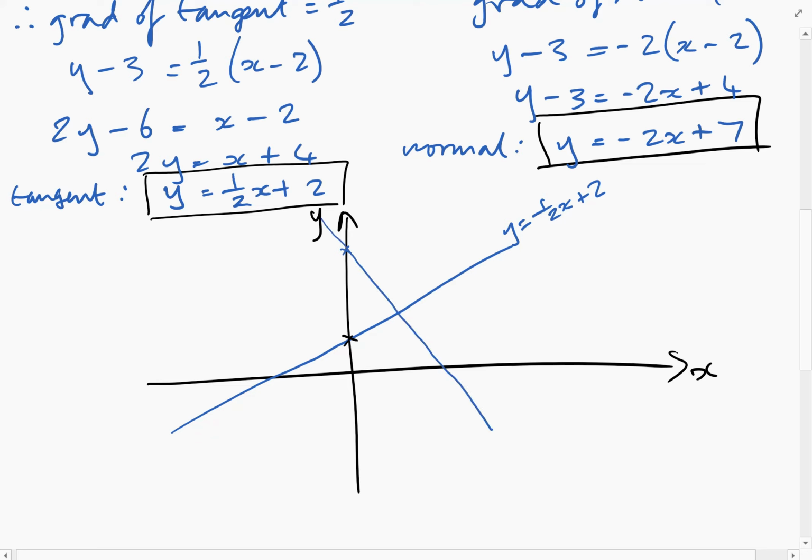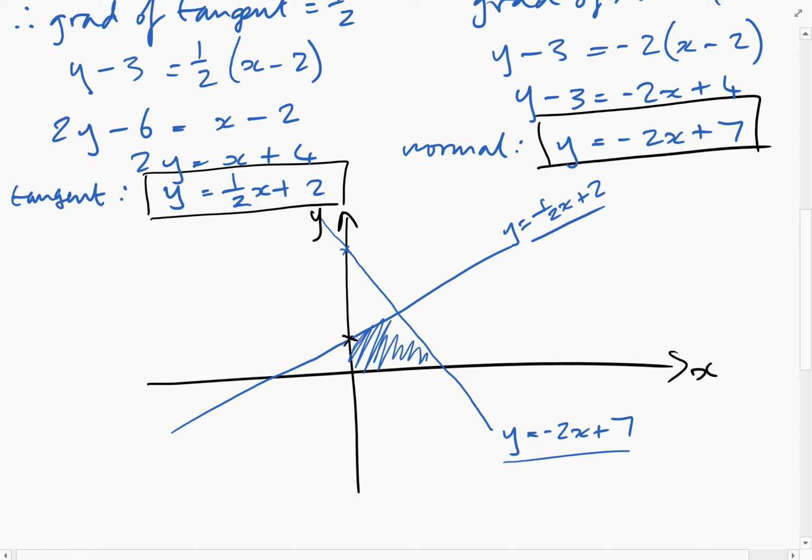Okay, so this is the normal, which is y equals minus 2x plus 7. Okay, so the question says find the area bounded by the tangent here, the normal, which is this line sloping down, and the x-axis.